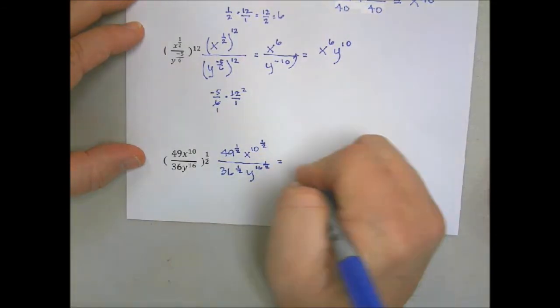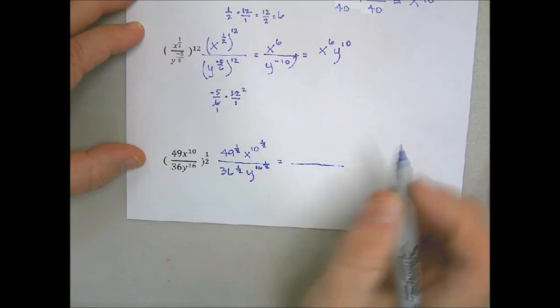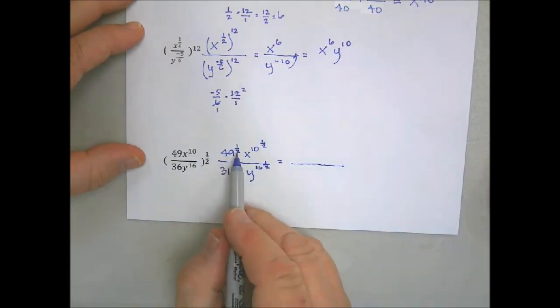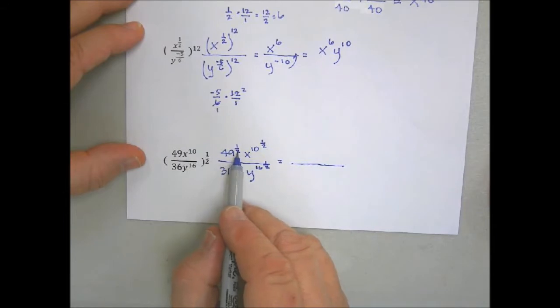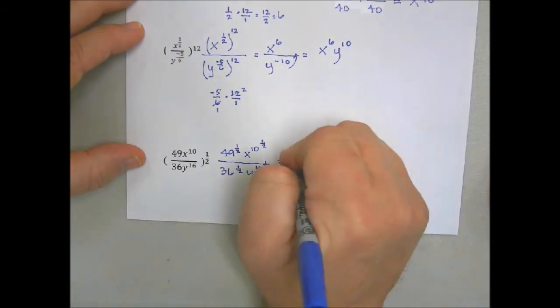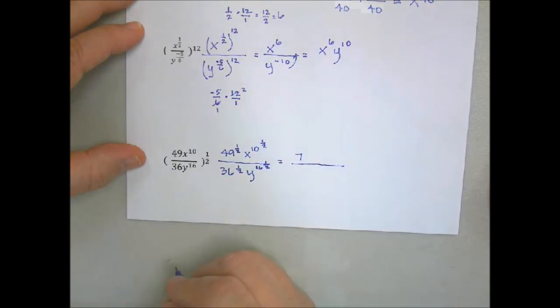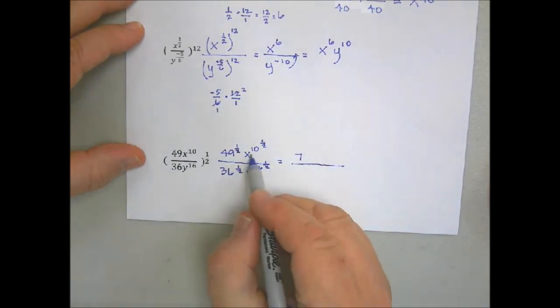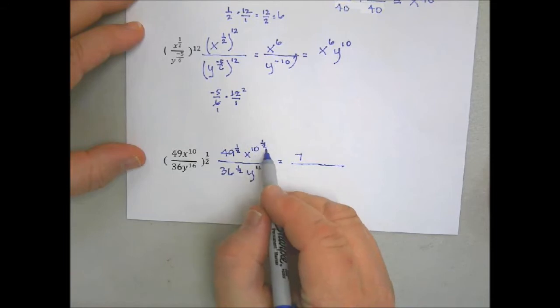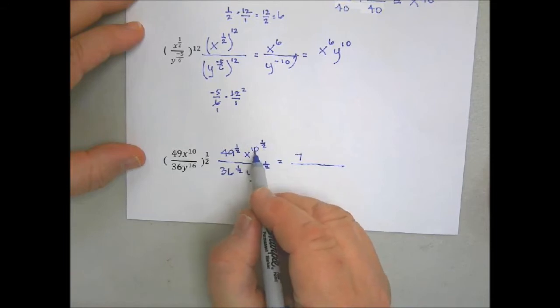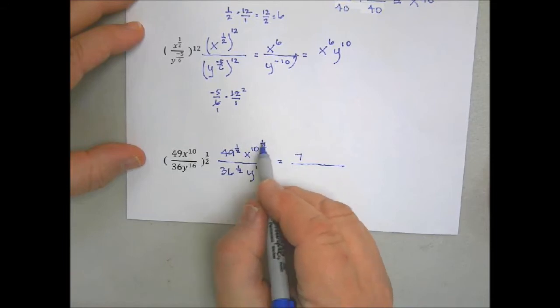So if I start simplifying now, 49 to the 1/2 is the same thing as the square root of 49 to the 1st power, which is 7. X to the 10th to the 1/2. When I multiply 10 times 1/2, I get 10 over 2, which is 5.